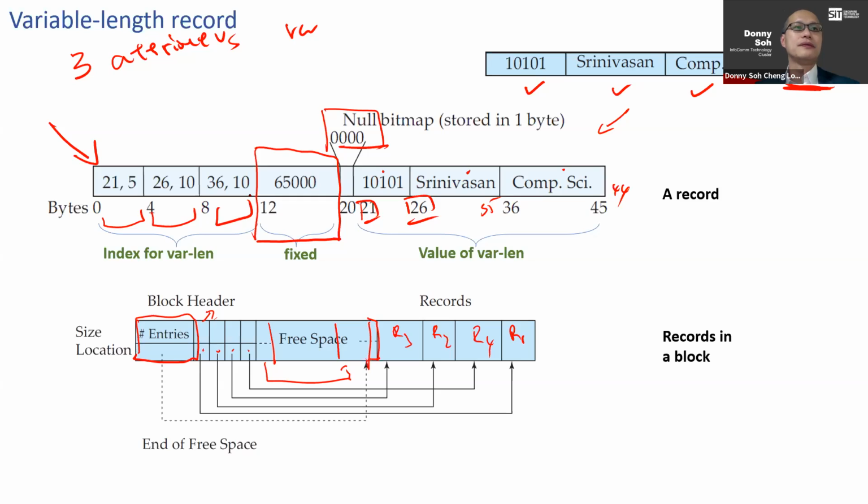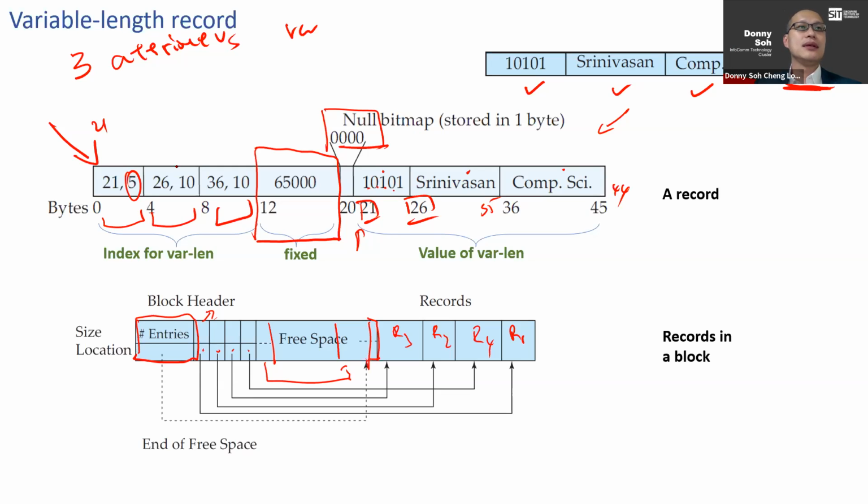In each of these three indexes, we will store the start of my variable attribute and the length that it goes for. So in this variable attribute, it starts from 21 in this case, and it goes for 5 bytes.